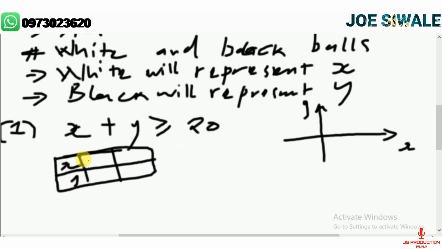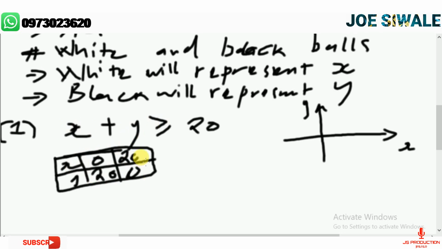So I have x and y. If I say x is 0, I don't know y, and if I say y is 0, I don't know x. So where there is x, if I replace here with 0, my y is going to be 20, and where there is y, if I replace here, my x is going to be 20.